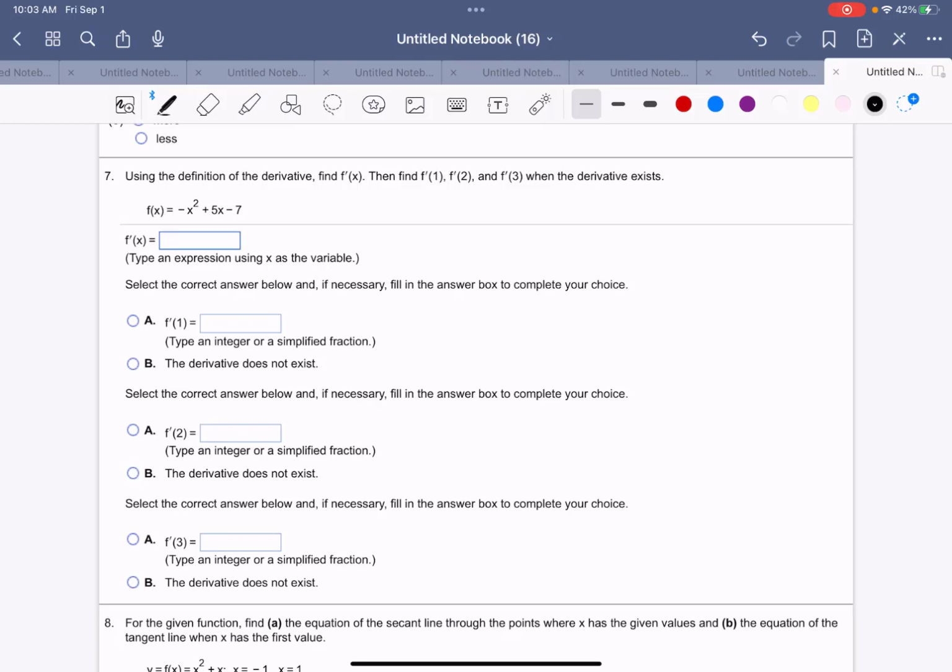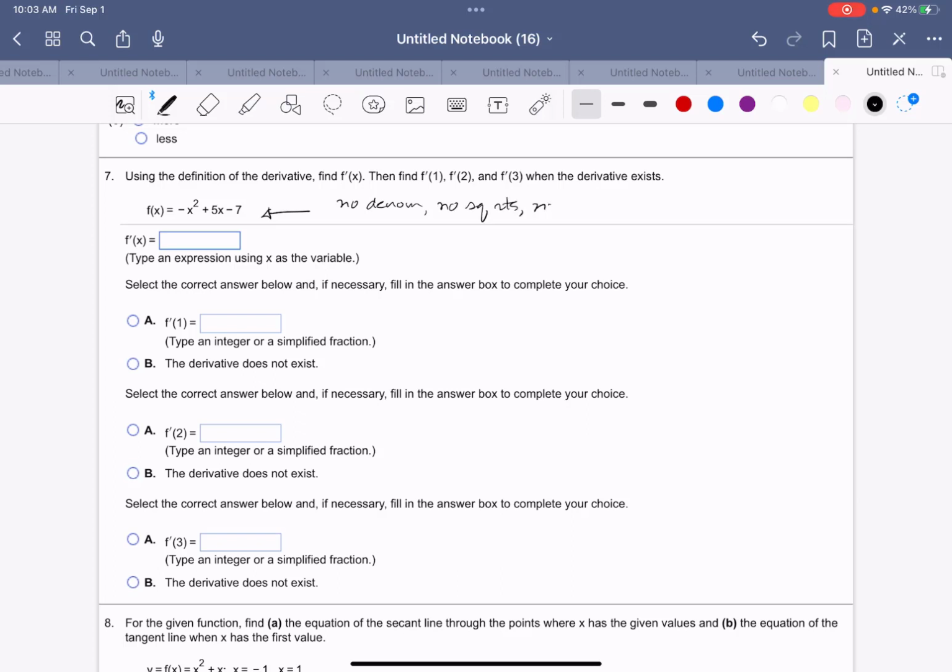Number 7. Using the definition of the derivative, find f prime of x, then find f prime of 1, f prime of 2, and f prime of 3 when the derivative exists. So this is a polynomial function. It has no denominators. It has no square roots.